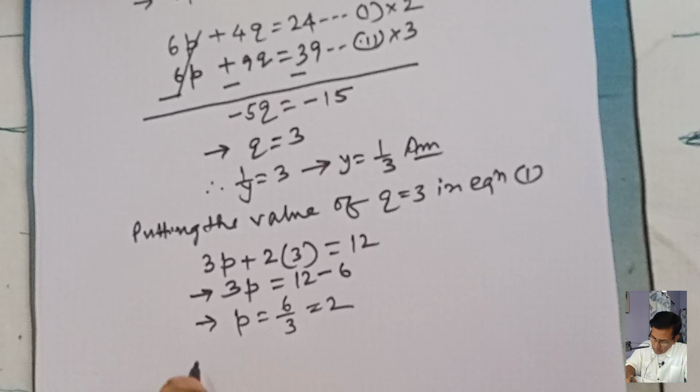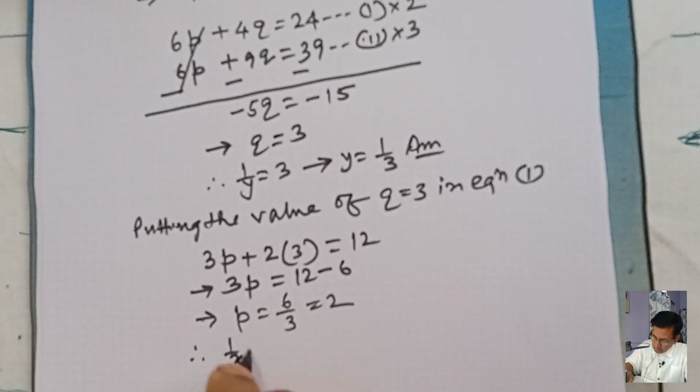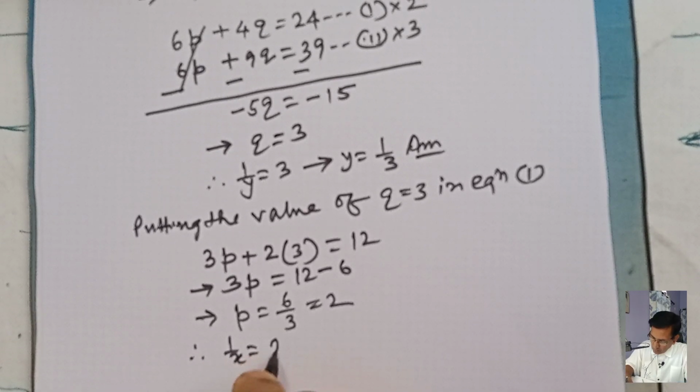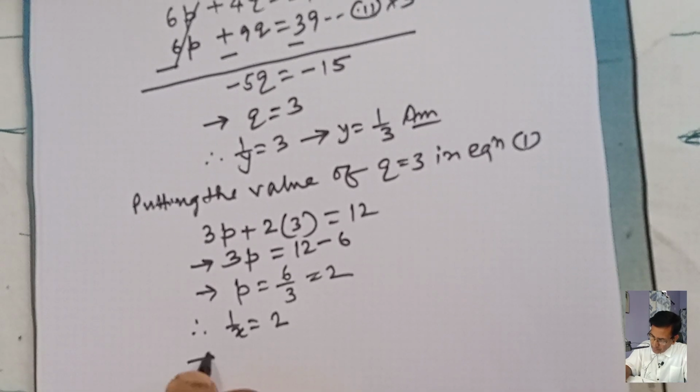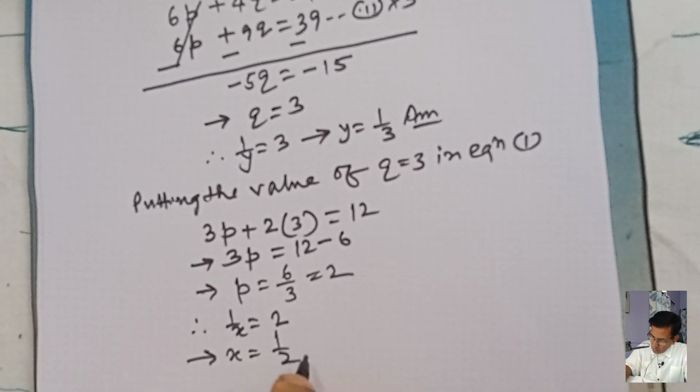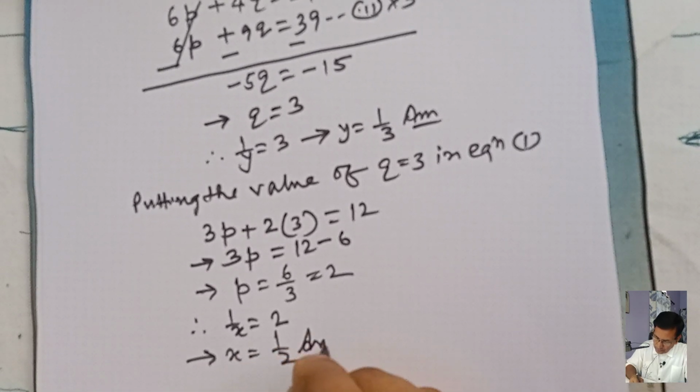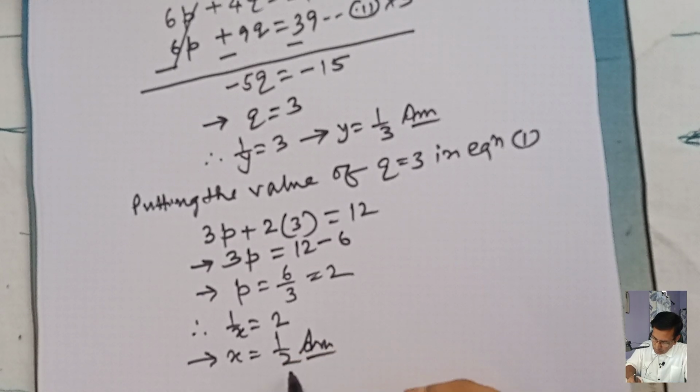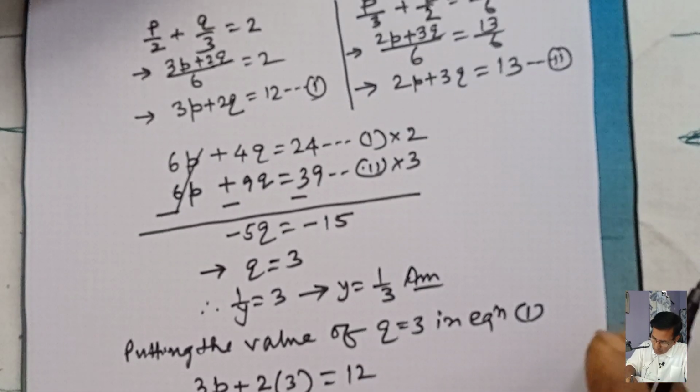We have assumed P as 1 by x, therefore 1 by x is equal to 2, or x is equal to half. This is the answer. X is equal to half and y is equal to 1/3.